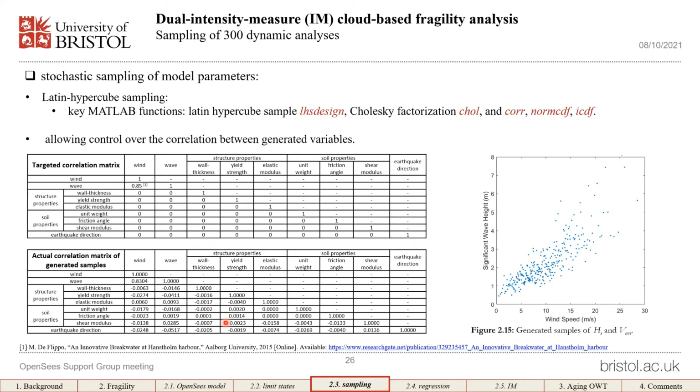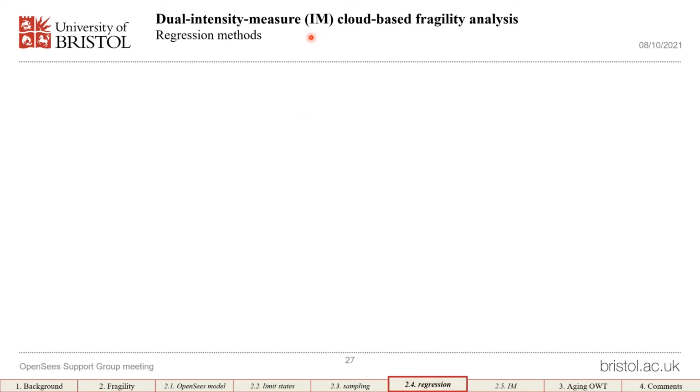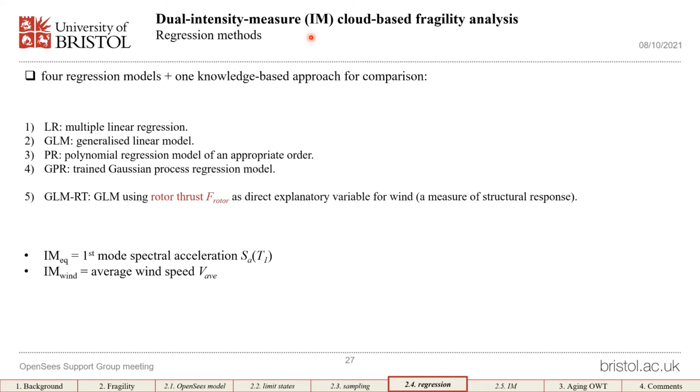So once the 300 samples were fully generated, dynamic analysis can be performed for each one of them. And we're going to have results in terms of the demand over capacity ratio of Y for different limit states. So these results then had to be processed by these 5 regression approaches listed here.